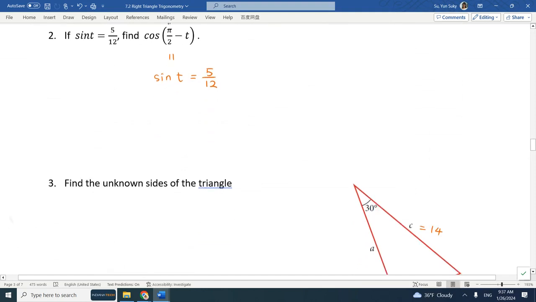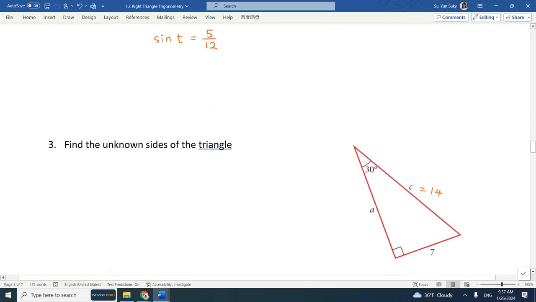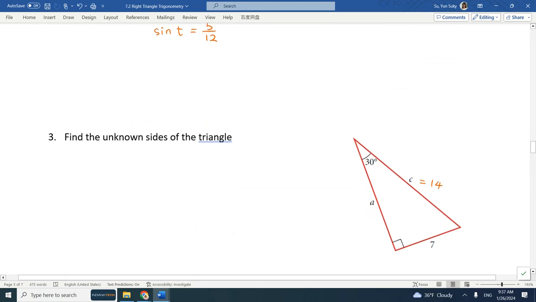So, next example. Find the unknown side of the triangle. So from now on, you remember for a 45 degree right angle triangle, the relation is 1, 1, square root of 2.